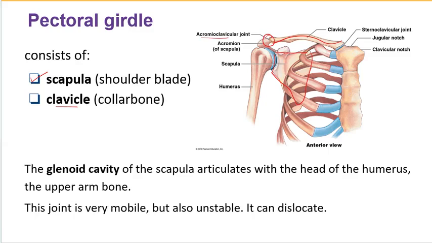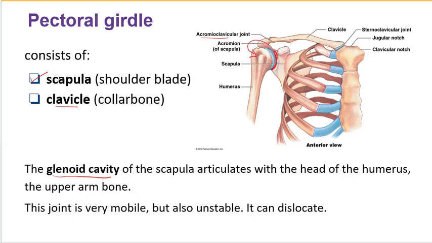And then there is a bone marking related to the scapula, which is called the glenoid cavity. If I want to show you the glenoid cavity, you can see a shallow cup-shaped structure here, which is articulated with the bone of the arm, called the humerus.